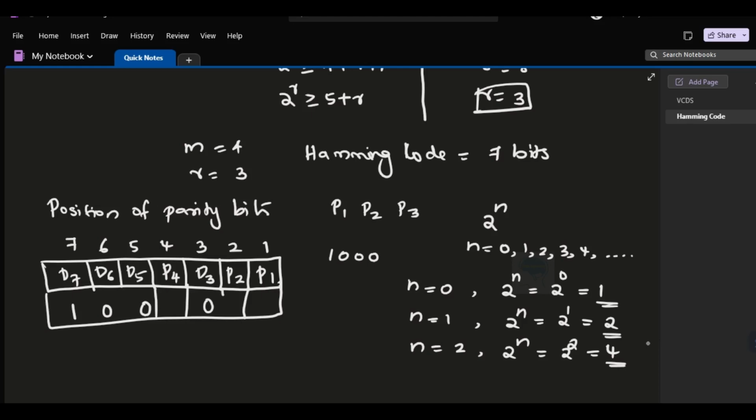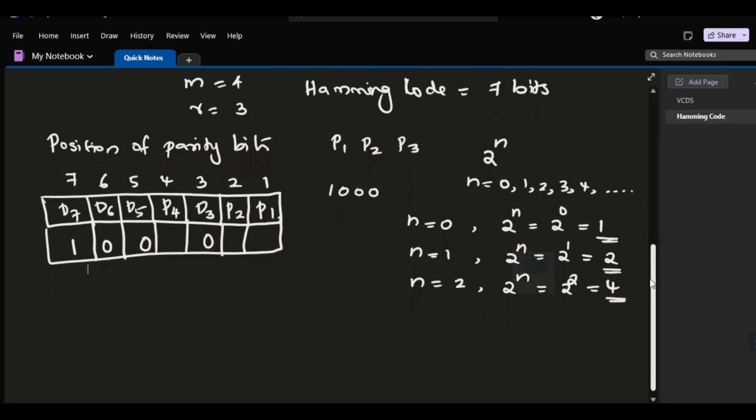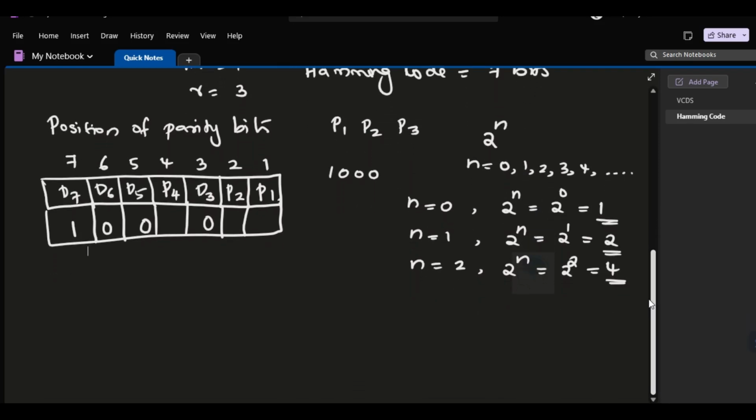But we have to find P1, P2 and P4. For that we have the equations: P1 is equal to 357, P2 is equal to 367 and P4 is equal to 567.